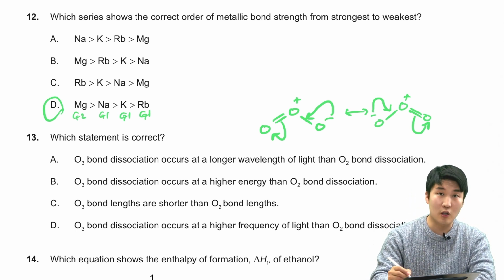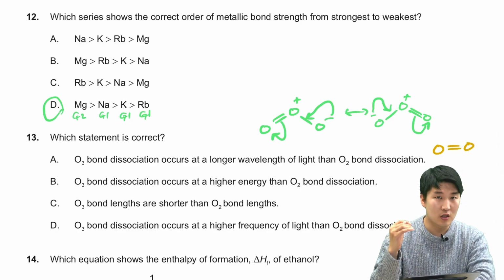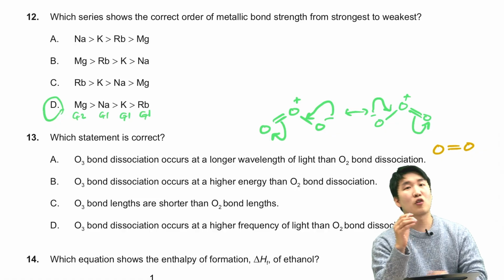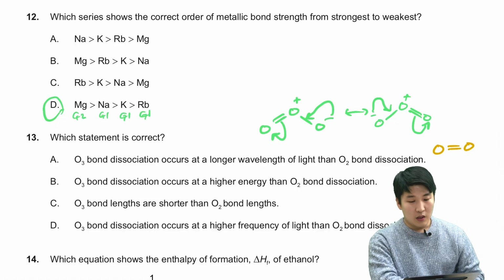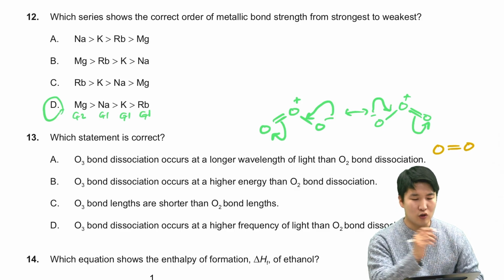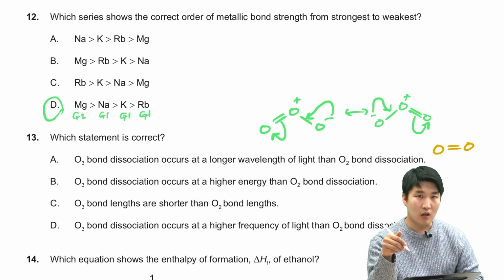This would contrast with the plain oxygen to oxygen double bond, meaning oxygen to oxygen double bond will be stronger, meaning that the wavelength of light that's used to dissociate, in other words, break oxygen bond, will be shorter, frequency higher.